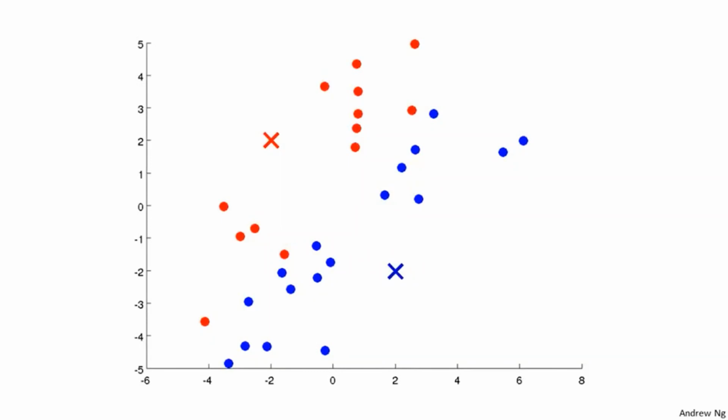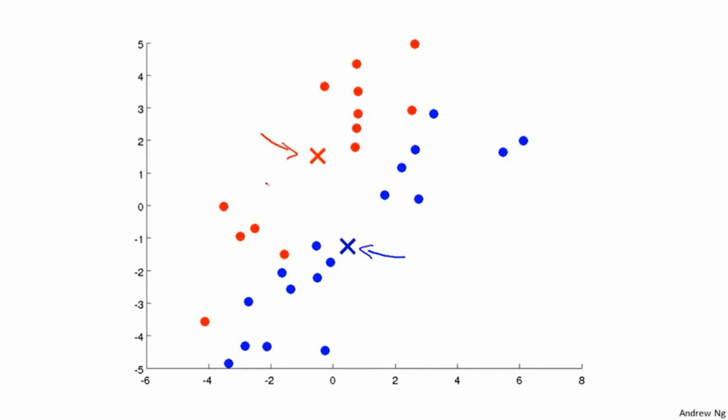And the same thing for the blue cluster centroid. Look at all the blue dots and compute their mean, and then move the blue cluster centroid there. So let me do that now. We'll move the cluster centroids as follows, and I've now moved them to their new means. So the red one moved like that, and the blue one moved like that. And then we go back to another cluster assignment step.